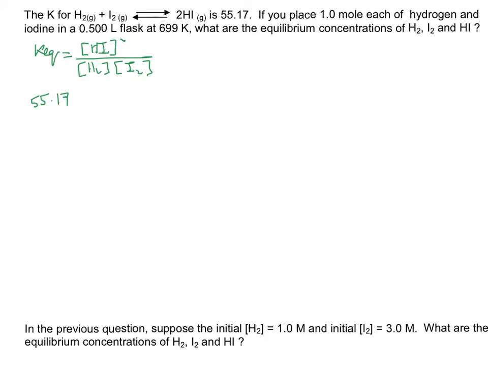In this case, we don't know any of the concentrations at equilibrium. We are given some form of concentration here. It's 1 mole of the hydrogen and the iodine in half a liter, but that's initially. That's not at equilibrium, and so that means we need to make an ICE chart. So let's do that.